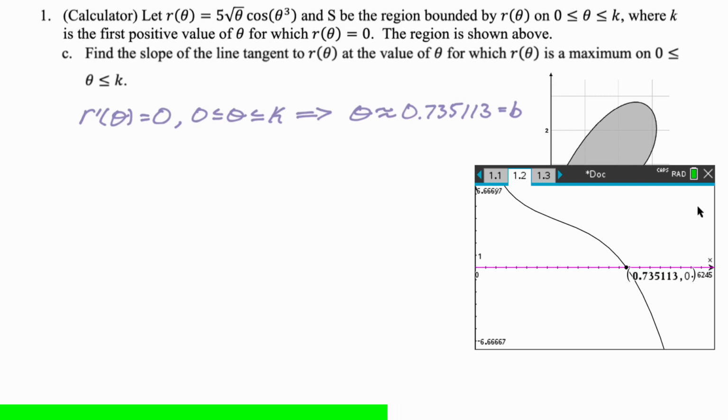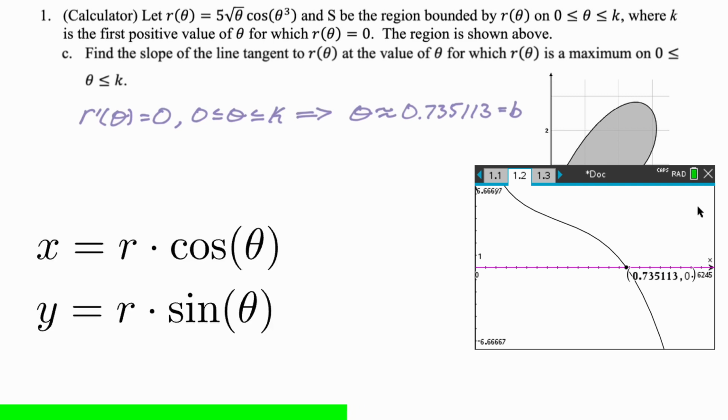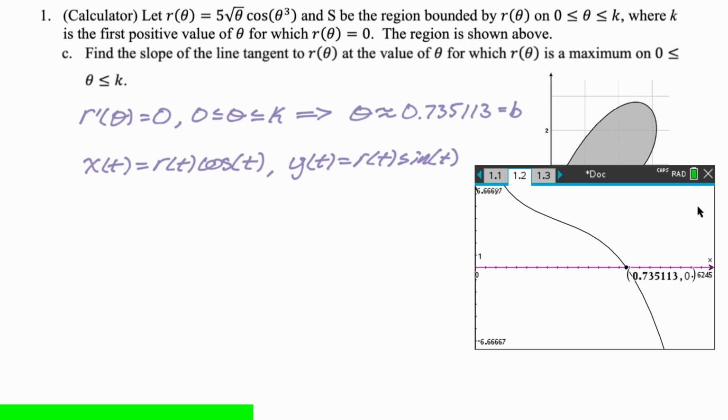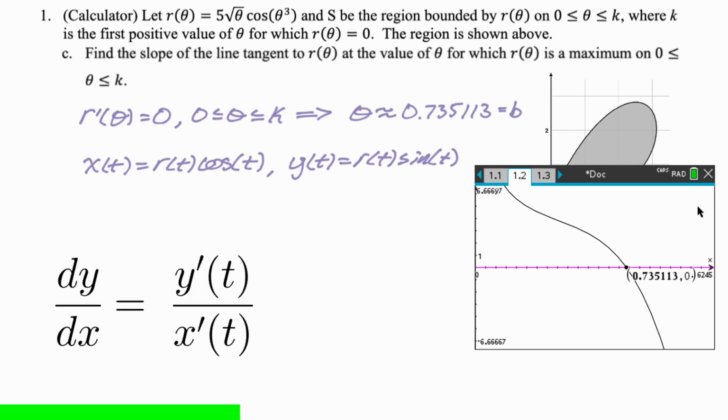Now, to find slope in polar, it's still dy dx. We need to convert from polar to rectangular. Really, we're converting polar to parametric in my mind. But we're going to use the equations x is r cosine and y is r sine. I think it's important that you write that so the person grading it knows where you're getting anything from. And then dy dx. This is a calculator problem, so we don't have to do anything by hand.